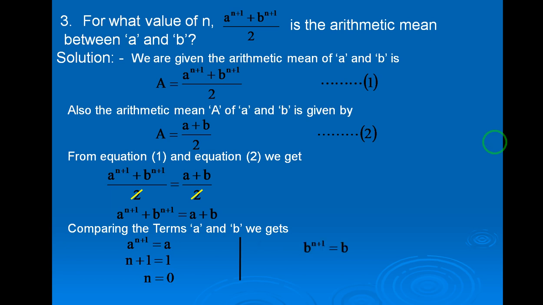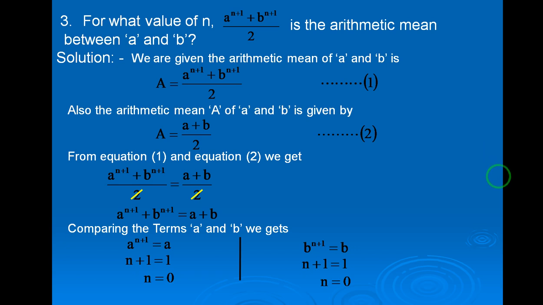Also b^(n+1) = b, bases are same, therefore n + 1 = 1, or n = 0, because in both the cases the answer is same.